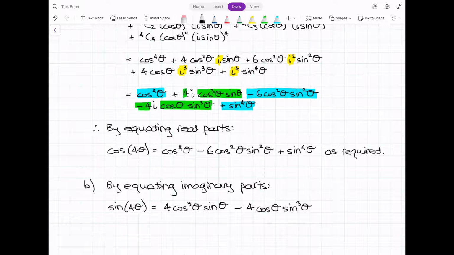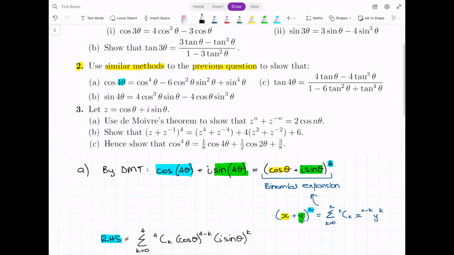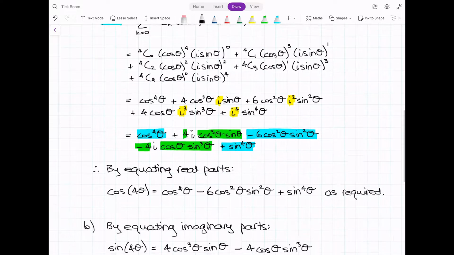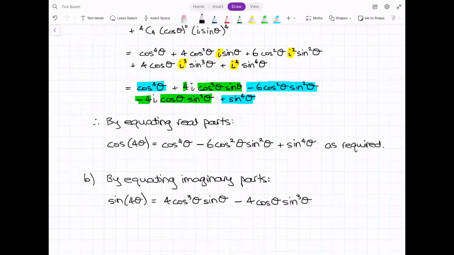And again, let's just double check that is as required. We wanted to show sine 4 theta equals 4 cos cubed theta sine theta minus 4 cos theta sine cubed theta. So that also is as required. Not a lot of working for part B once we've done all the hard work in part A.